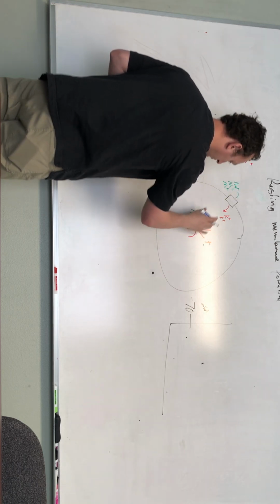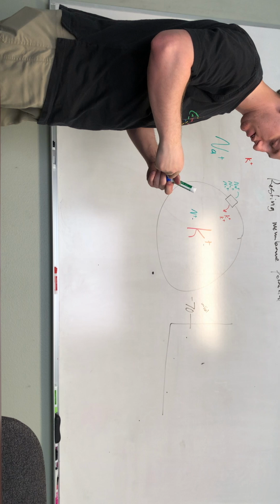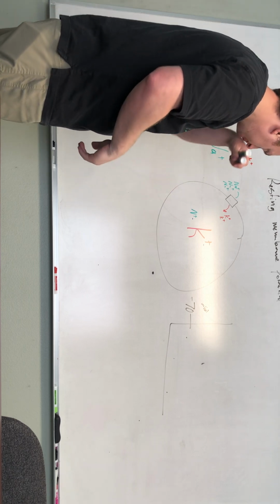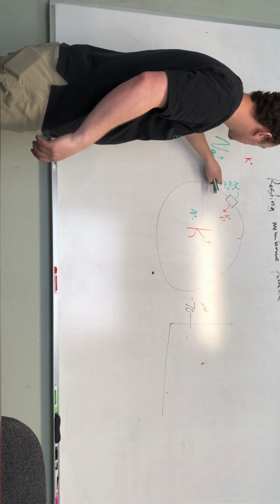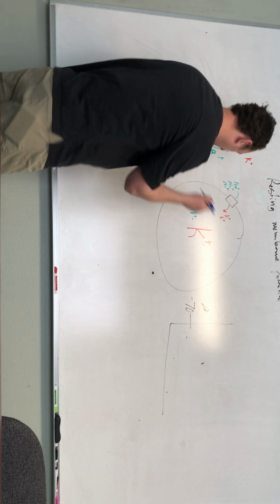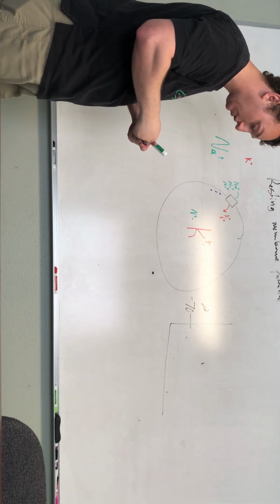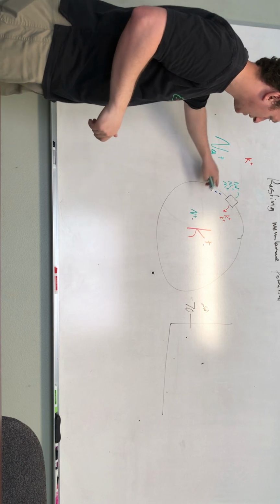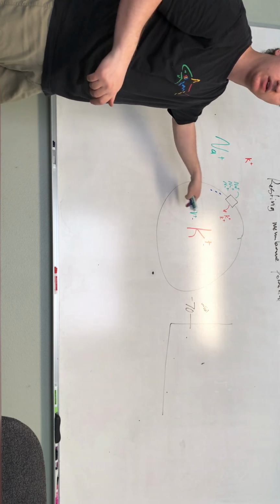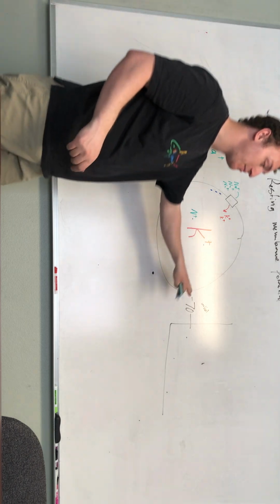Every single ion will have a negative counterpart that it joins up with. So the sodium leaves behind its negative charges that it was attached to. And now that makes the cell more negative on the inside. Now it doesn't do that much.